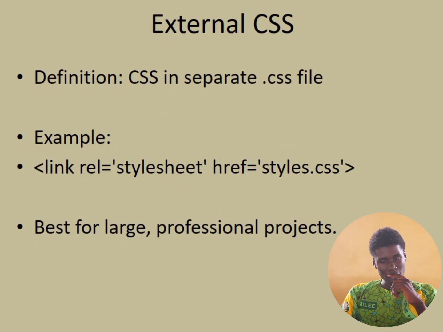As you can see in the example, you link it with the link rel tag. Once you link it, because you are creating a separate file from the HTML file, all the rules and tags that you selected will apply to your HTML document.